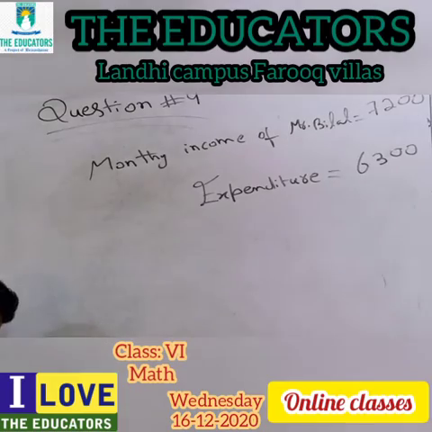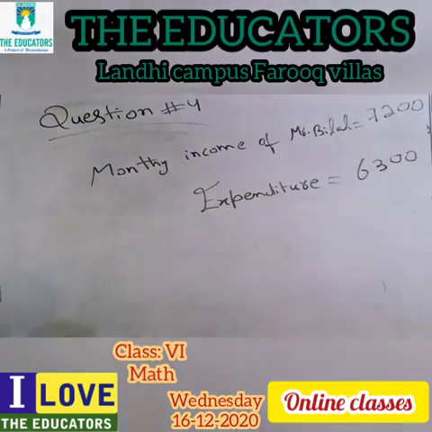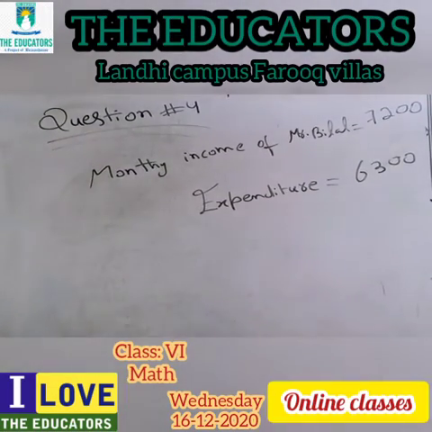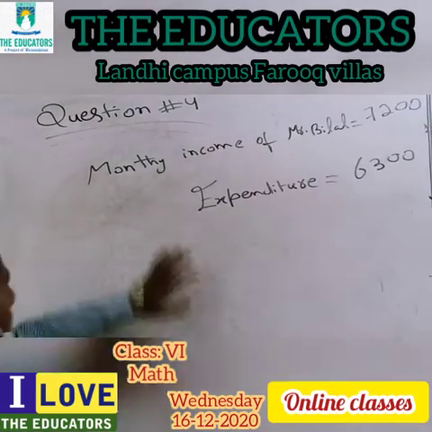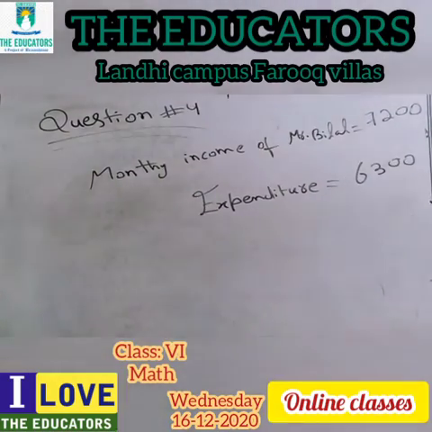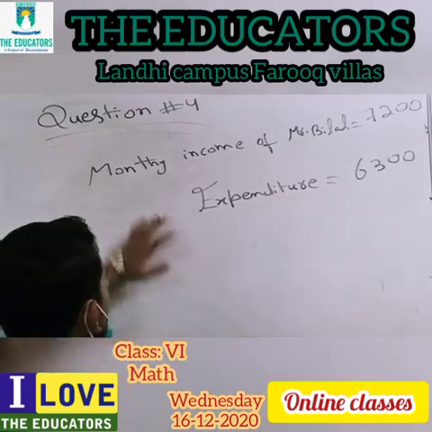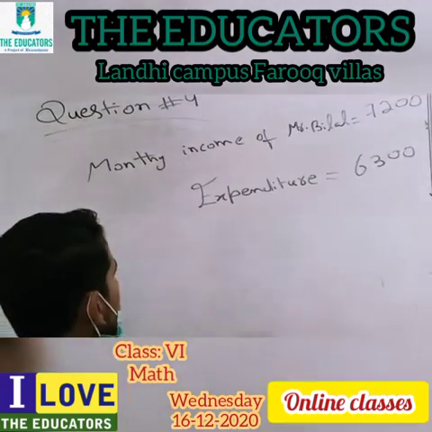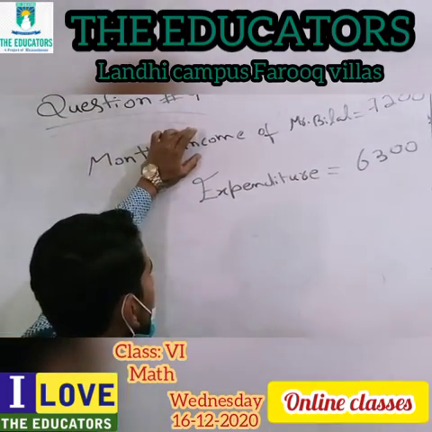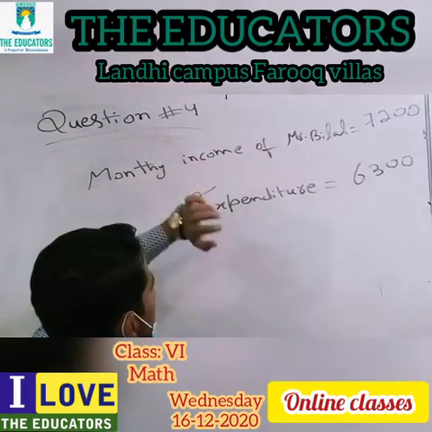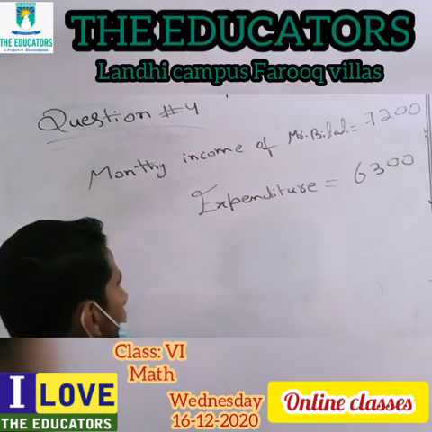Now what do they ask us? Find the ratio of his savings to income. Savings. Okay, so I haven't written saving till yet. First we have to figure out what is the saving of Mr. Bilal. So here their income is 7,200 and their expenditure is 6,300.